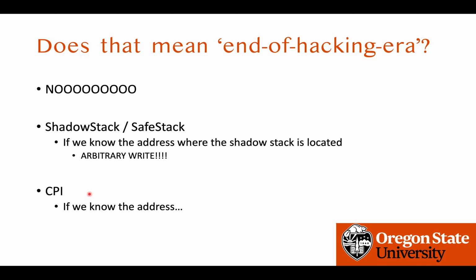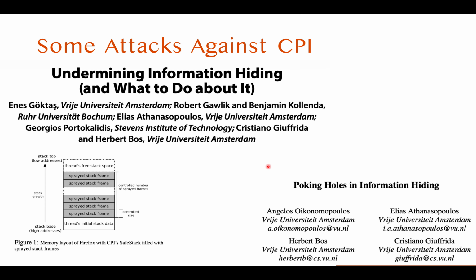The same thing applies to code pointer integrity. All mechanisms that require a safe region share the same problem. So after having such defenses, researchers are coming up with methods to defeat such safe region hiding mechanisms.